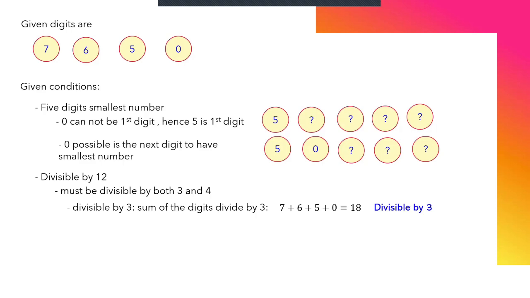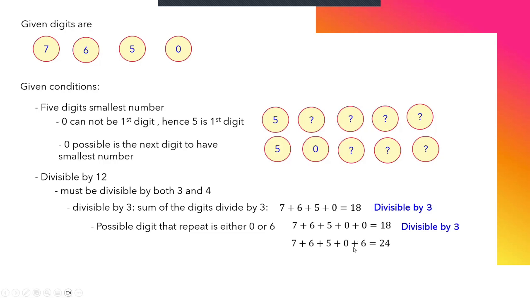Now we need to find which digit will be repeated from these 4 digits. Since 18 is already divisible by 3, we have to choose the digit which, added to 18, keeps the sum divisible by 3. Therefore, the possible repeated digit is either 0 or 6. If we add 0, it is still 18, which is divisible by 3.